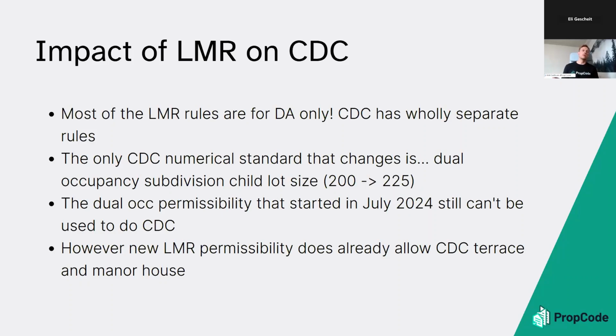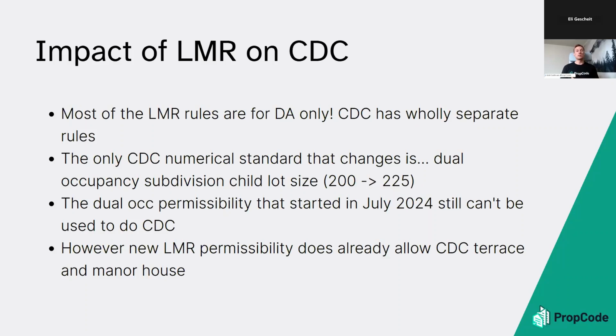However, with the full package of LMR that they gazetted on 28th of February this year, they've added some other permissibility. As I said, residential flat buildings are permissible in R1 and R2 zones, or R2 zones now, that weren't before. Multi-dwelling housing is permissible in R2 zone that it wasn't before. And that enables those different controls and built form outcomes across residential zones that Ellie was talking about.